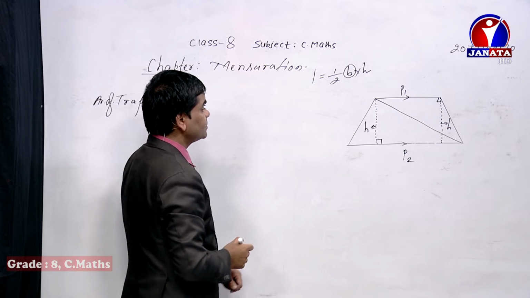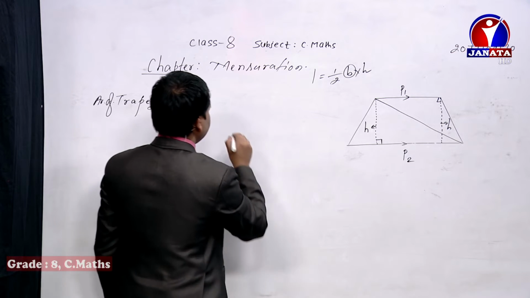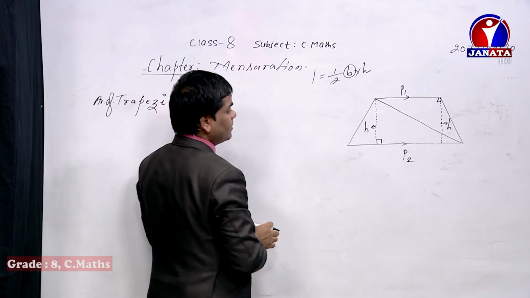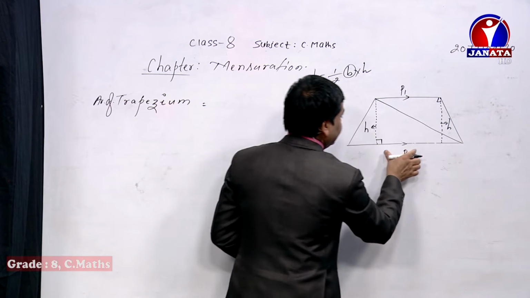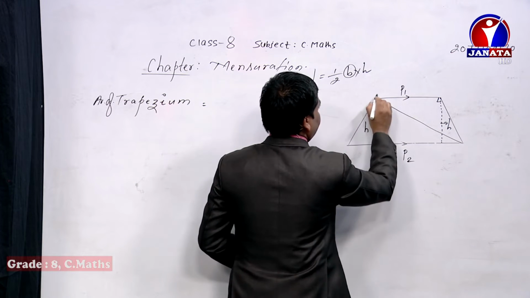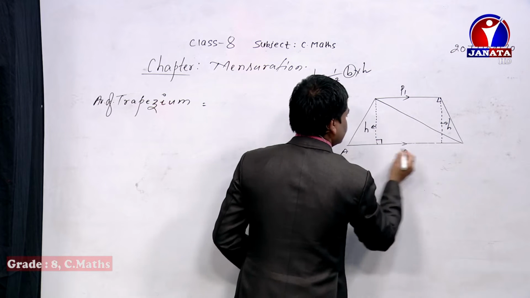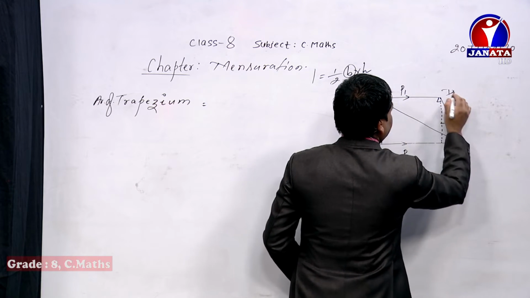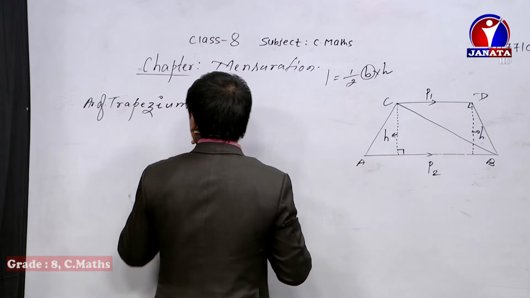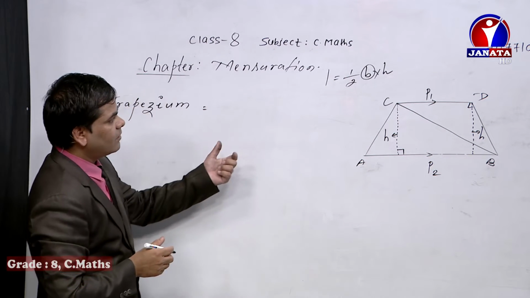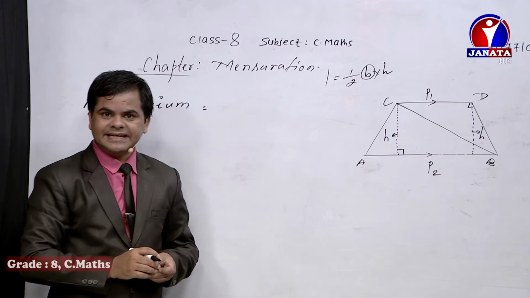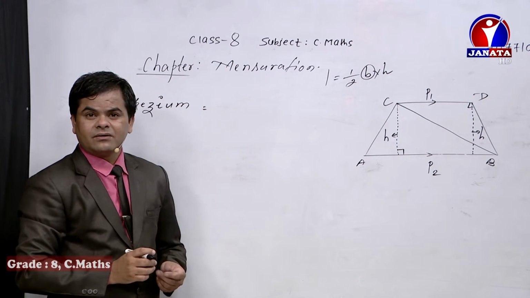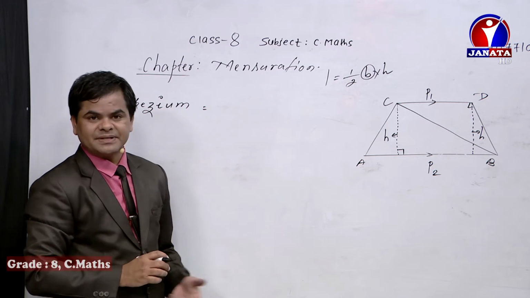So, if you use the triangle's formula, 1/2 base into height, the area formula of a general triangle, then in the place of this trapezium there are two triangles, one is ABC, another is BCD. Now, if we combine the area of triangle ABC and triangle BCD, we can get the total area of the trapezium.